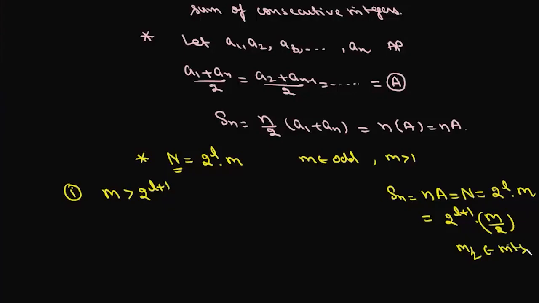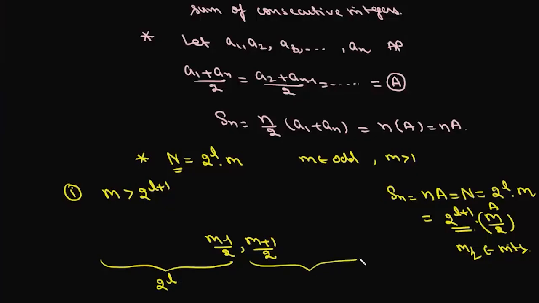So we'll construct an AP such that the mean of terms from beginning and end is M by 2. Since we are talking about consecutive integers, the middle two numbers will be (M minus 1) by 2 and (M plus 1) by 2. So that's your A, and this should be your N. So we'll take 2 to the power L numbers here and 2 to the power L numbers here.